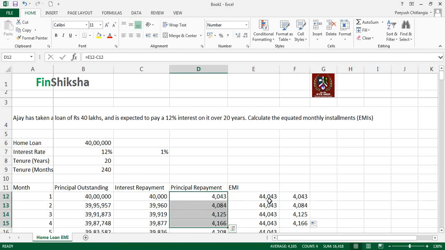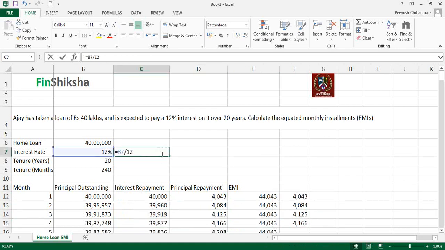Now you could actually, instead of calculating what is going to be the principal repayment using the formula, calculate principal repayment using this and then back calculate the interest repayment. You don't necessarily need to calculate the interest payment using this 1%. So either way is fine. You can calculate the EMI regardless of what's the component of interest and principal based on the principal outstanding.